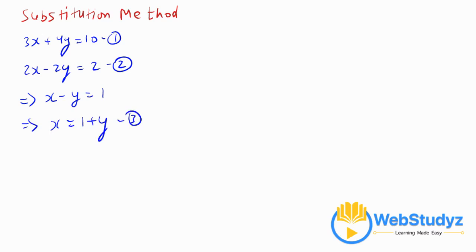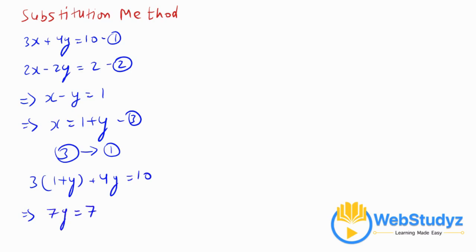Now substituting the value of the third into the first, we get 3 into 1 plus y plus 4y equals to 10. Solving this we get 7y equals to 7.